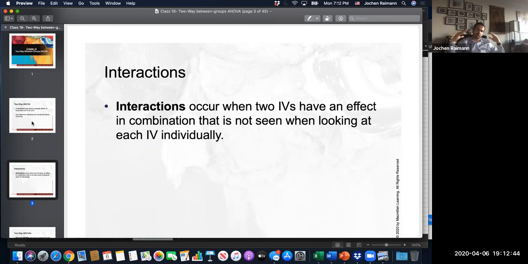Think of it as a triangle, where both variables are affecting together one common dependent variable. For example, you have blood pressure and blood glucose, and blood pressure is affected by blood glucose, and then you have a third variable, age.